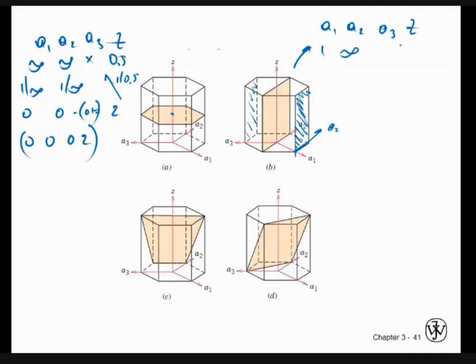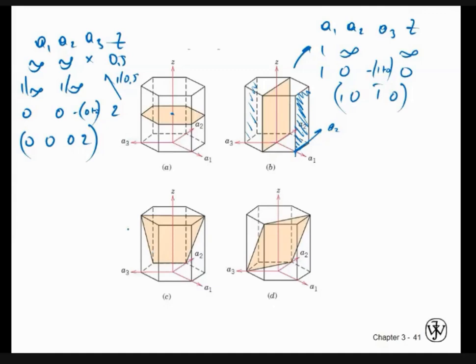So infinity for Z, this plane is parallel to the Z axis. Does not create an intersection again. So reverse it, it will be 1, 0, 0, and A3 will be negative 1 plus 0. So negative 1, 1, 0, negative 1, 0. That is this plane.